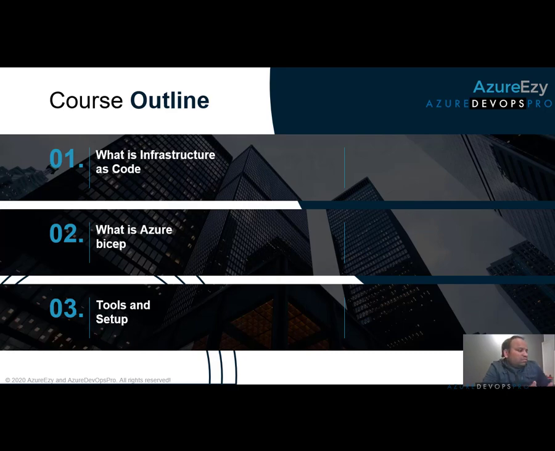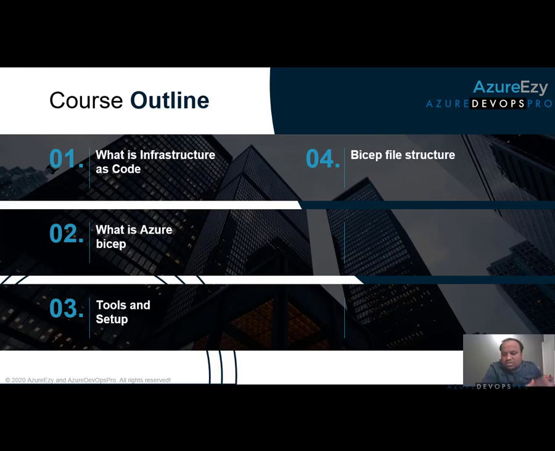We will go through some of the most common tools and helpful information around the web or from the Microsoft documentation that can give you a quick start for this tool. Then we will start getting into the basics of a Bicep file.